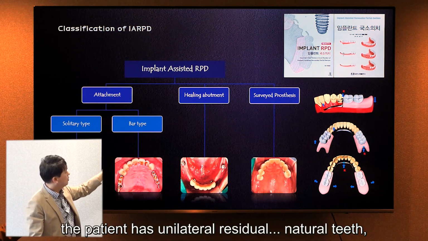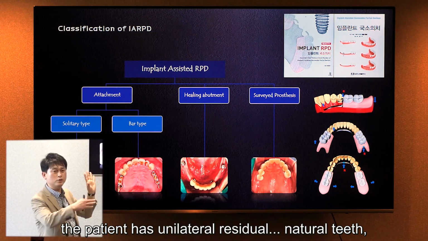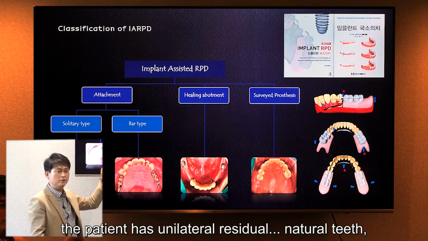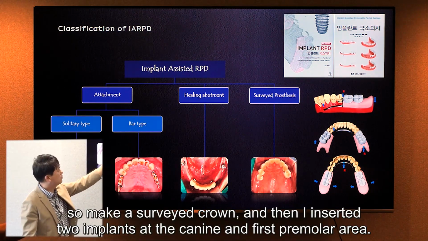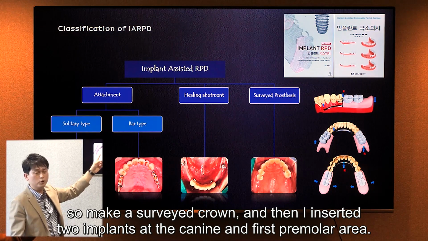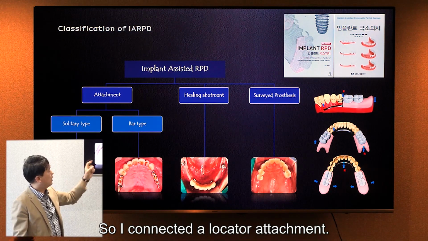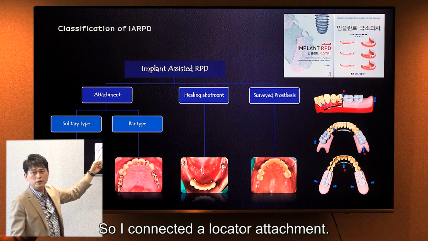So the patient has unilateral residual natural teeth. Okay. So make the surveyed crown, and then I insert 2 implants in the canine and first premolar area. So I connected the locator attachment.